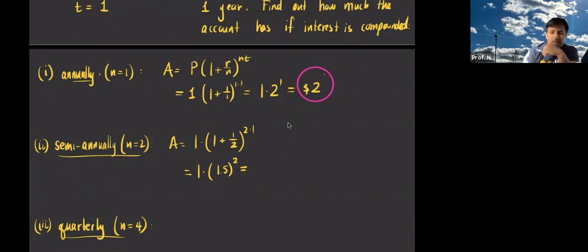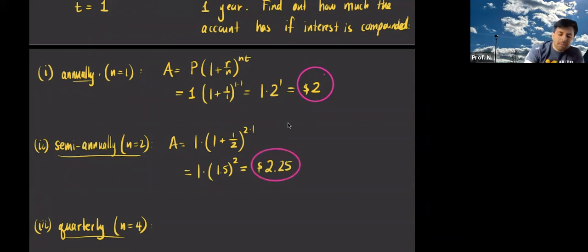So what is 1.5 squared? 2.25. Oh man, I made 25 cents extra. So I made 25 more cents.